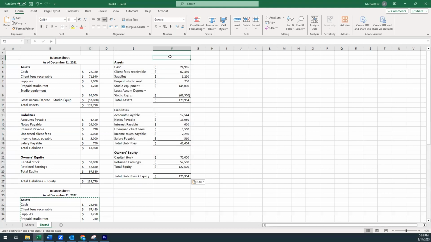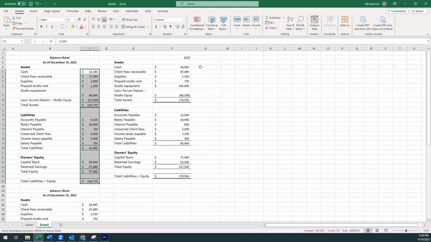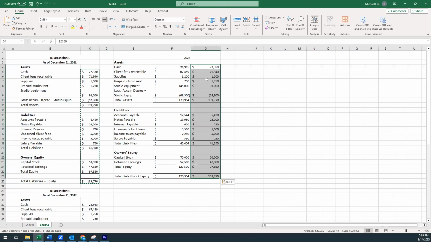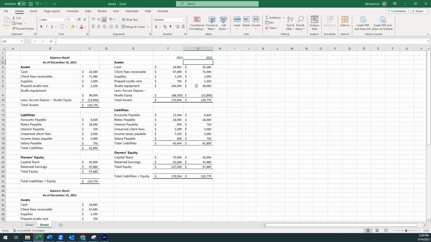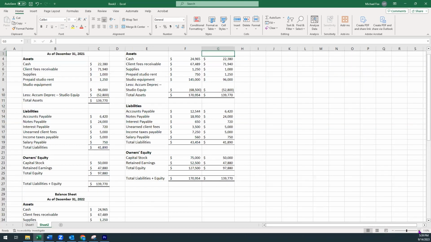And I'm going to label this as 2022, since it was the information I took off my 2022 balance sheet. And then I'm going to take the same information from 2021 and paste that in there. So now I'm looking at my 2022 and 2021 balance sheet information just side by side. So I have all that together where I can get a good look at it.